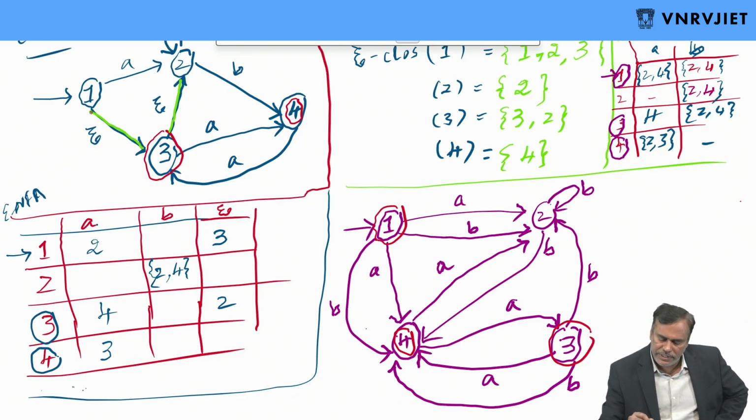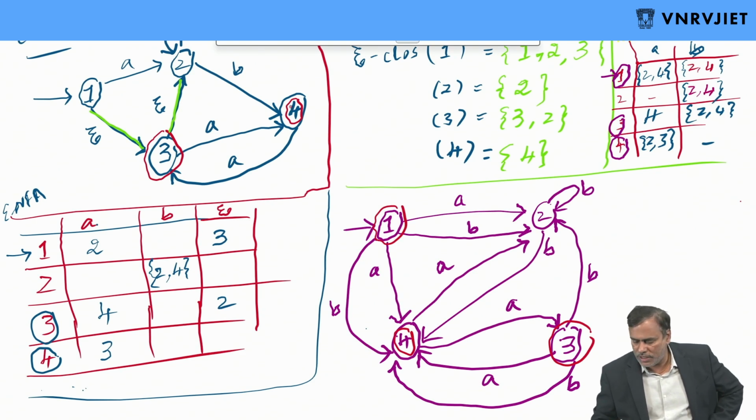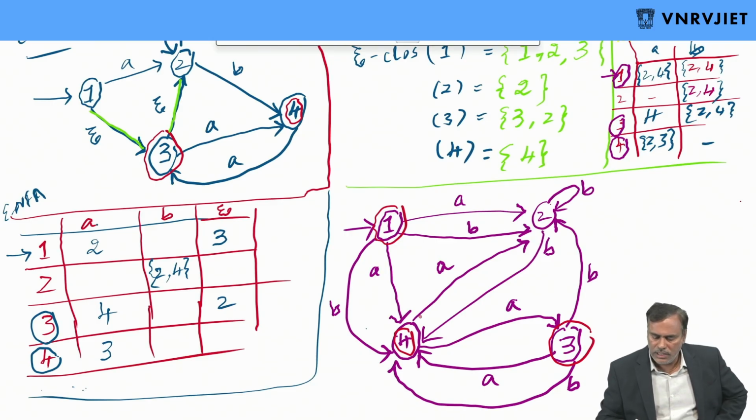In a similar fashion, if I take this path epsilon, A, so A is going to get accepted by this epsilon NFA. From 1 on A you can go to state 4. So you are in a final state, therefore this A must be accepted. So A is going to be accepted by both epsilon NFA as well as NFA. If you take this path epsilon, epsilon, B, and concatenate all these symbols, the string is B. So B is going to get accepted by this epsilon NFA.